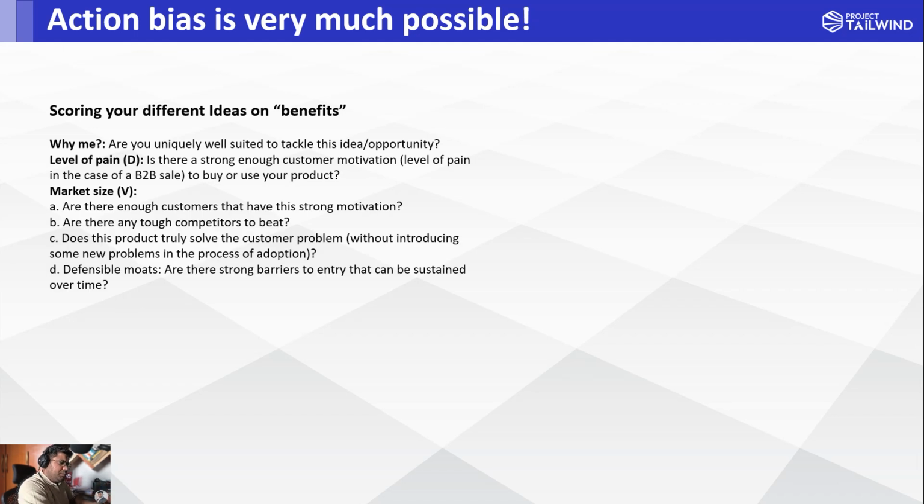So do market sizing, and identify whether there are enough customers that have this strong motivation, whether there are enough competitors, and what the value proposition is. Does this truly solve the customer problem without introducing a new problem in the process of adoption? And then lastly, do you think you can develop strong barriers to entry that can be sustained over time?